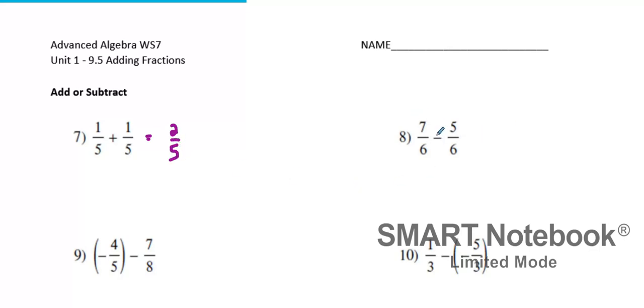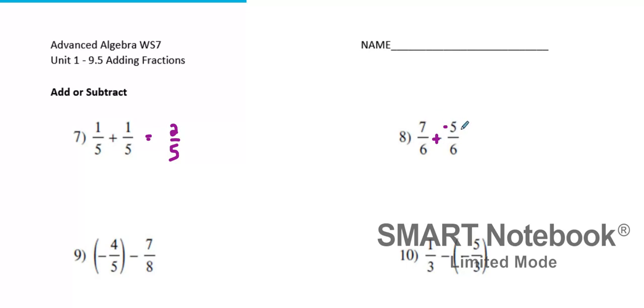Subtracting is the same way. Sometimes what I'm going to have you do when we get into more complex problems is change this minus to a negative, because when they aren't a common denominator, you have to distribute this negative number across a couple of factors. So it's not a bad idea to get in the habit of changing that minus to a plus.